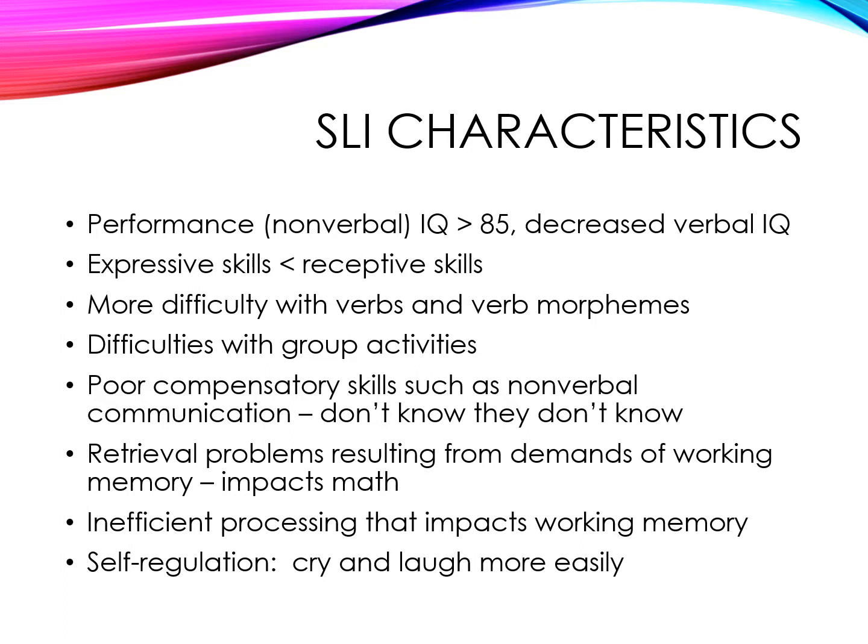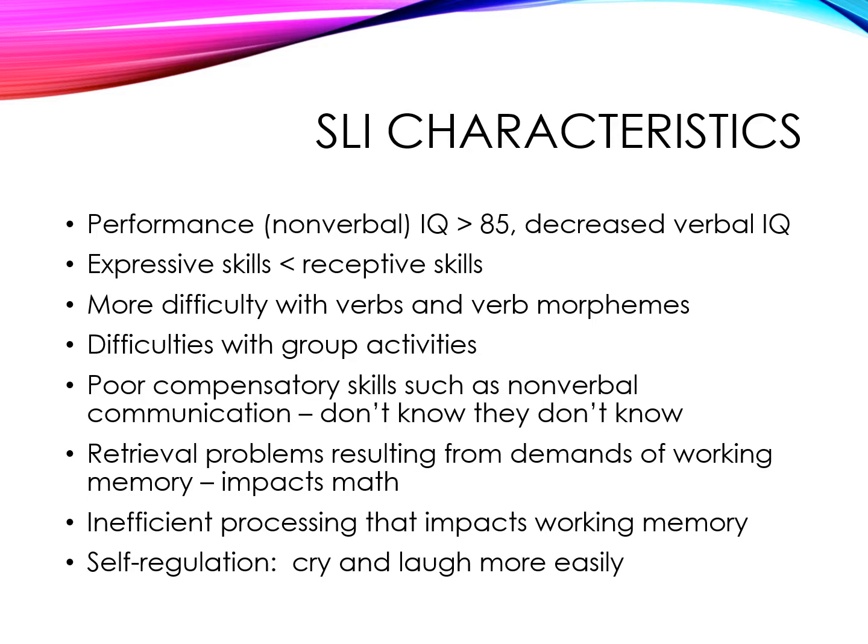Children with SLI also have poor expressive skills. They understand more than they can say. Verbs and morphemes give them a great deal of difficulty. Group activities are difficult because they have trouble socializing and planning and organizing, so they don't work well in groups. These children also often don't know when they don't know, so they just keep on going and thinking that they're doing right.